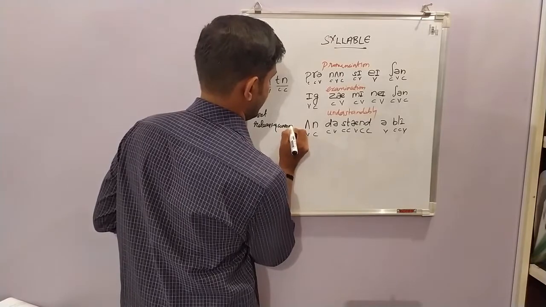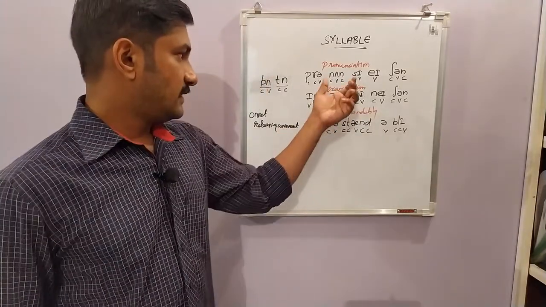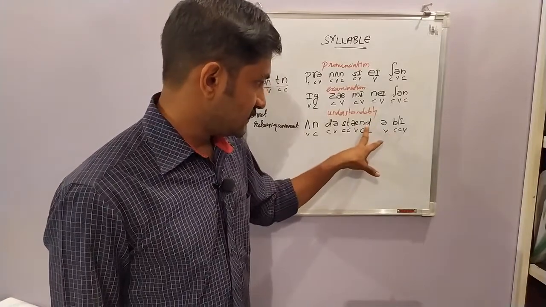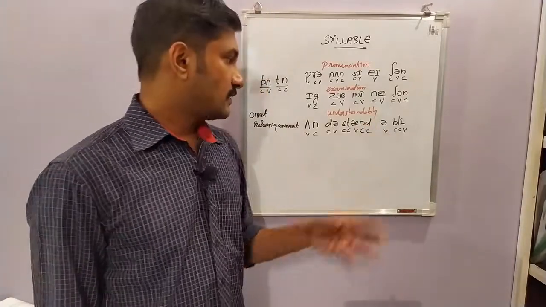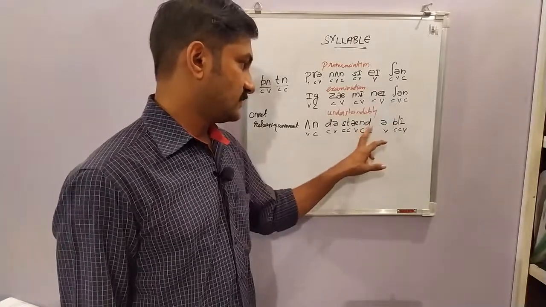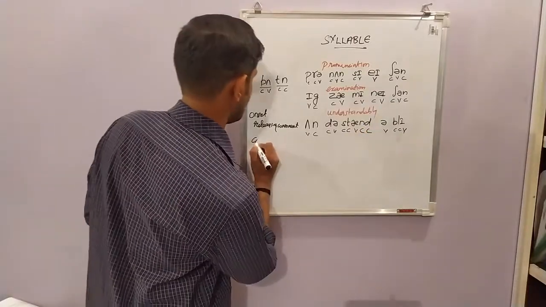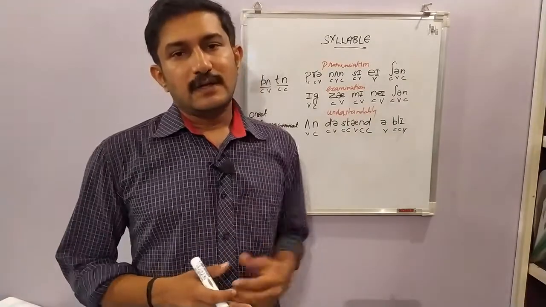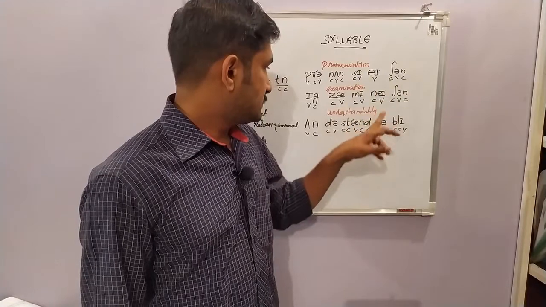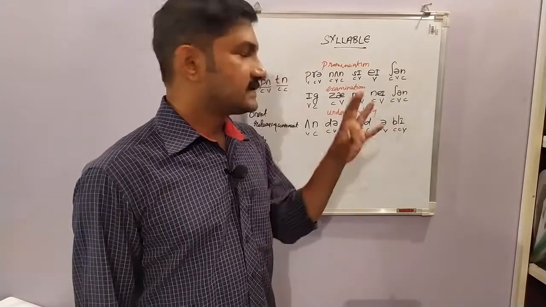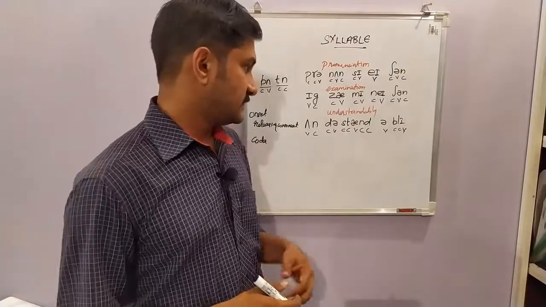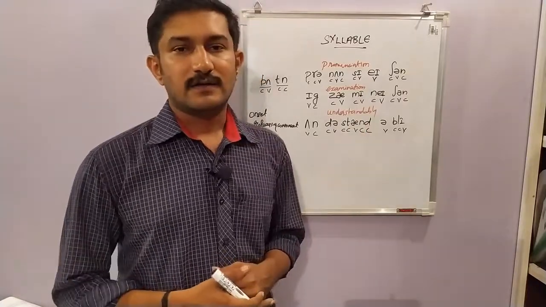If a syllable is ending with a consonant like this, it is called the coda or the arresting consonant. If a syllable ends with a vowel like this one, it is referred to as an open syllable, and if a syllable ends with a consonant like this, it is a closed syllable.